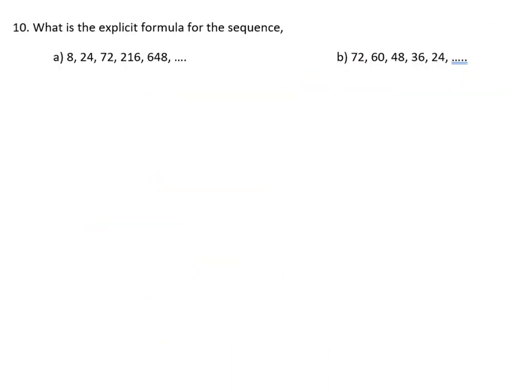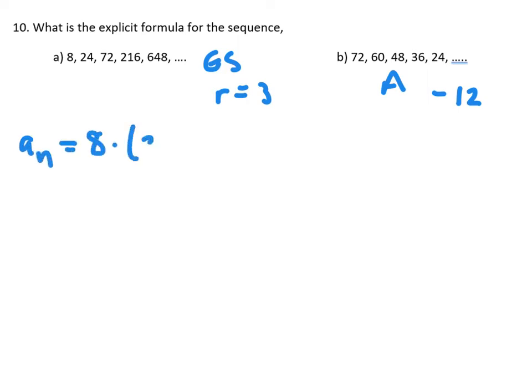Alright, first you got to figure out if it's geometric or arithmetic. This is geometric because we're multiplying by 3. This one is arithmetic because we are subtracting 12 each time. So the way it works is the formula is the first term 8, the common difference 3 to the n minus 1 would be the explicit formula here.